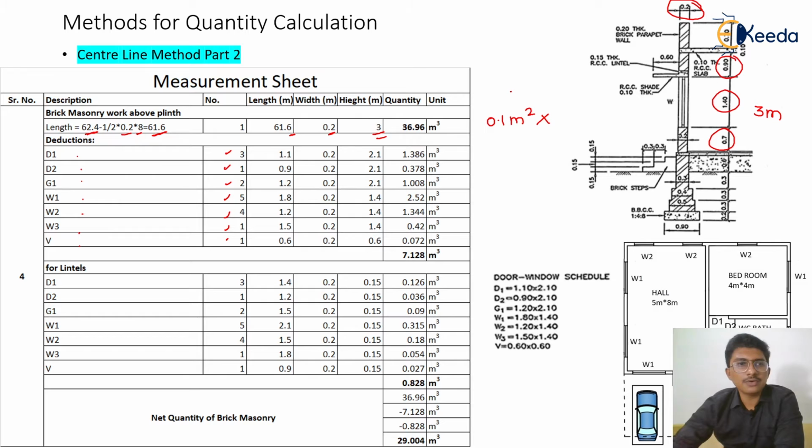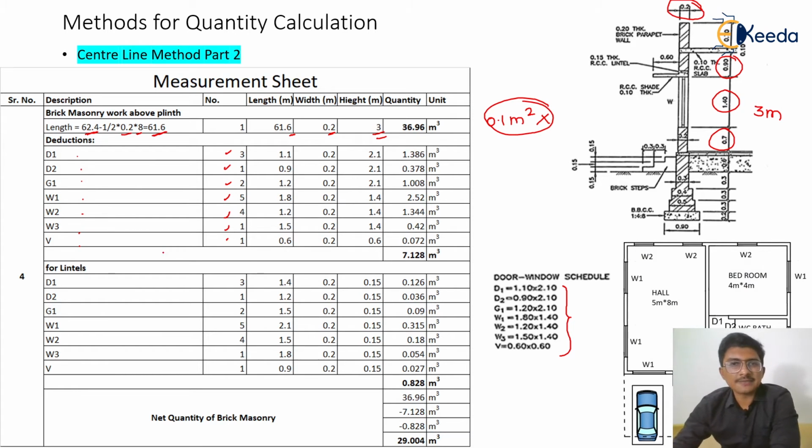This is IS 1200, which tells you that if the quantity of any brickwork opening is less than 0.1 meter square, you are not expected to deduct it. If it is more than that, you have to deduct that. So in our case, there is no quantity which is near to 0.1 meter square. That is why we are going to deduct every quantity for these door openings. I have already discussed the long wall short wall method; I'm just focusing on this clause because this is the important one.